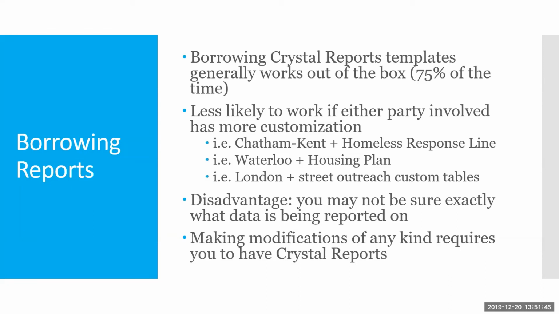London is doing something similar with some custom tables related to street outreach. So if you were to borrow an outreach report from London, it probably wouldn't work for you. So these are just cases where there's more customization than is typical. If you have a community that just has a report that says how many people stayed last month and what were their demographics, then that should be able to work regardless of where it comes from.